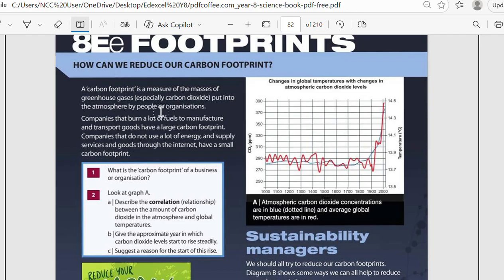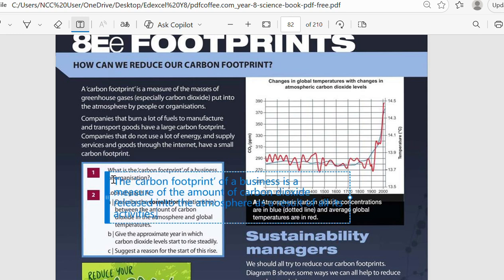It's given in the first paragraph here. Can you find it? It is a measurement of the masses of greenhouse gases pushed into the atmosphere by people or organisms. Yeah, you can say that.